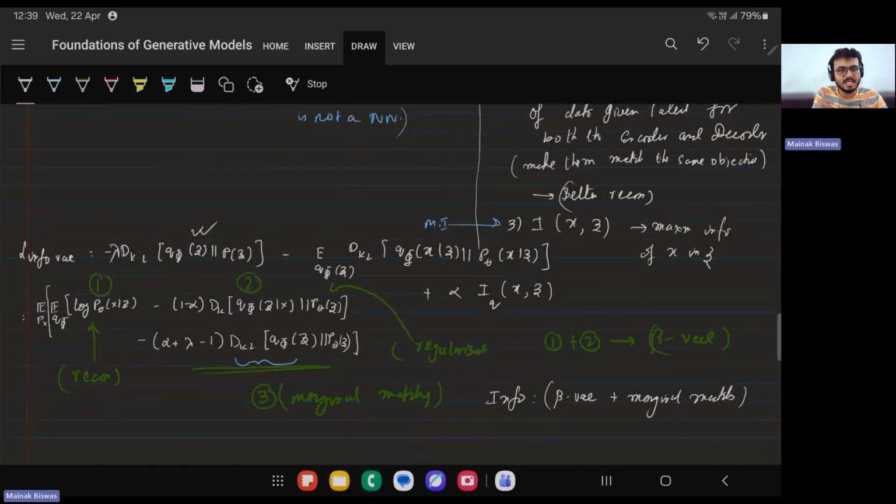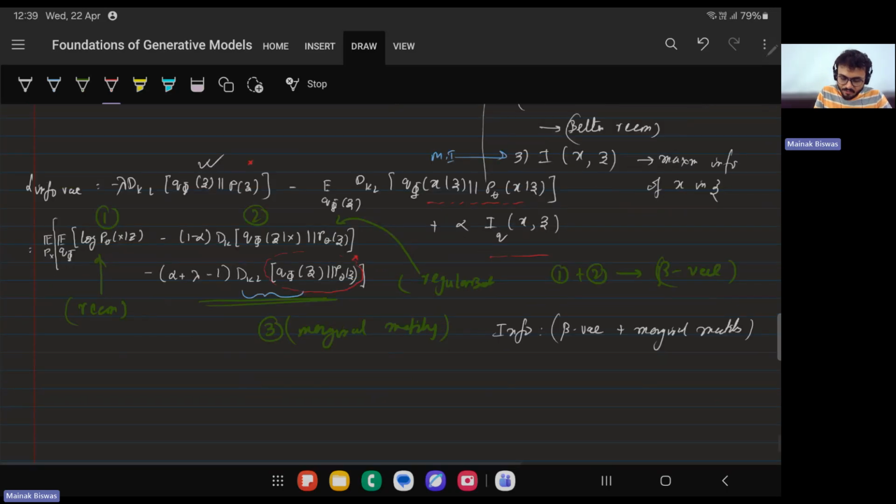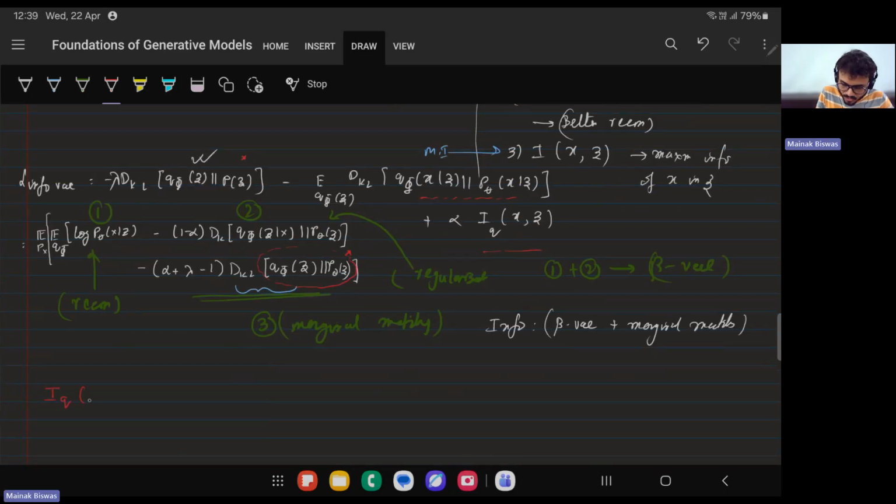We don't have to do anything about it, because it is already there in the final objective. When you're proving something, you always see what you have in the final objective. So what I need to do is optimize these other two terms. Let us look at the mutual information term first.